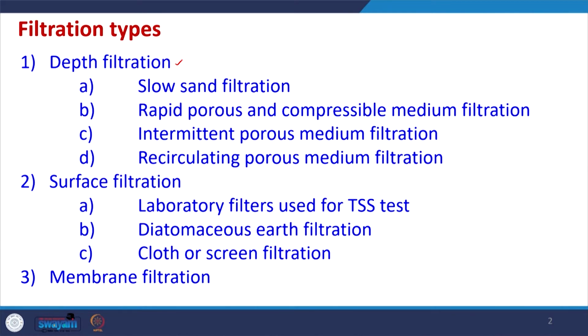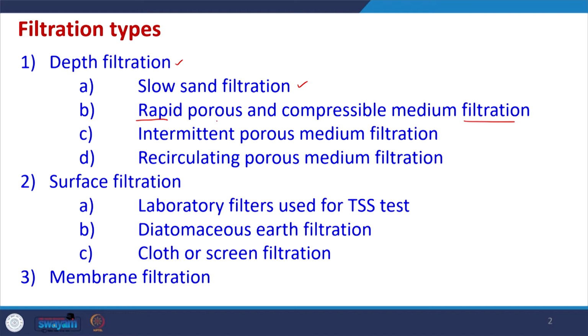In general, the filter types may be classified as depth filtration, where the depth of the bed used for filtering out the undesired flocs and other things from the water is very large. It includes slow sand filtration and rapid filtration units.